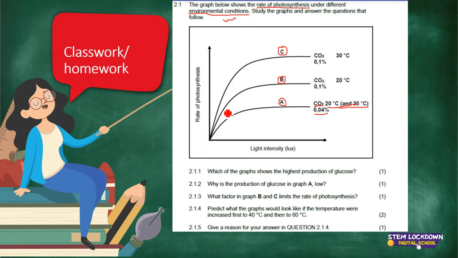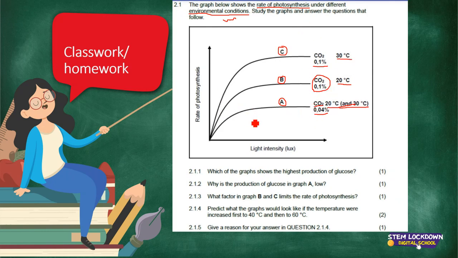Then graph B has a CO2 concentration of 0.1% at 20 degrees Celsius. And graph C has a carbon dioxide concentration of 0.1%, also at 30 degrees Celsius.